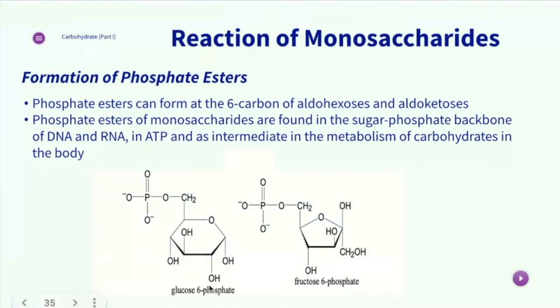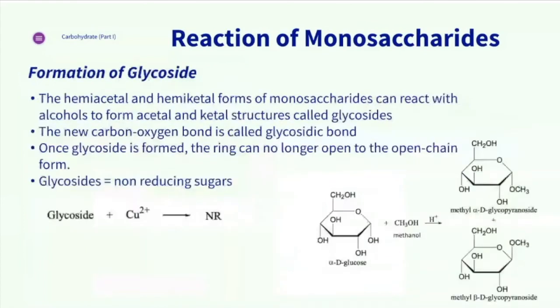So this is the monomer unit, and it has the sugar phosphate group that attaches to the backbone. So this is how the monosaccharide reacts with the phosphate group, where phosphate is added into its backbone.